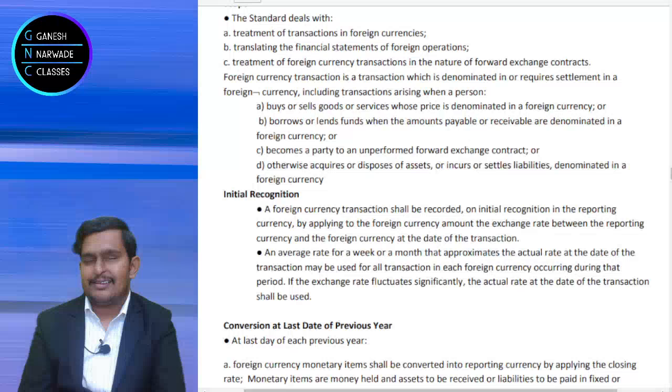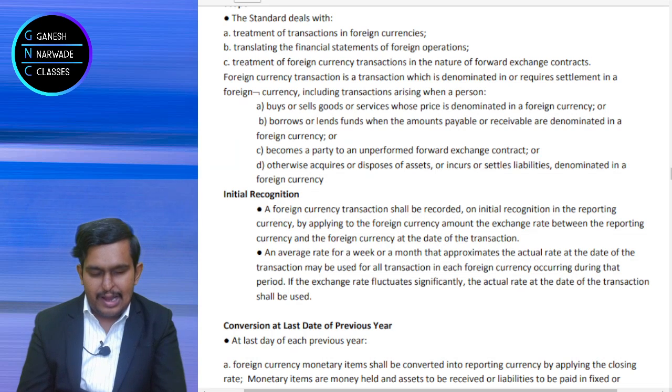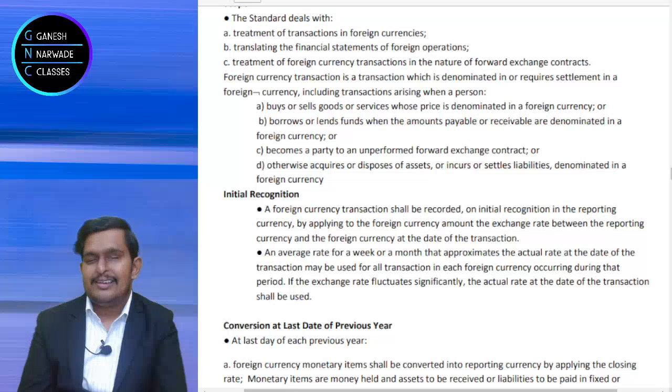initial recognition. How to do initial recognition? At the transaction value. Suppose, for example, I ordered a laptop on Amazon.com. I had to pay $10,000. So $10,000 at 76 rupees will come to 7,60,000 rupees. Correct?